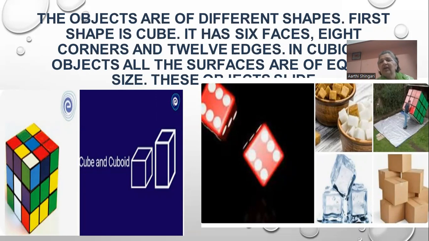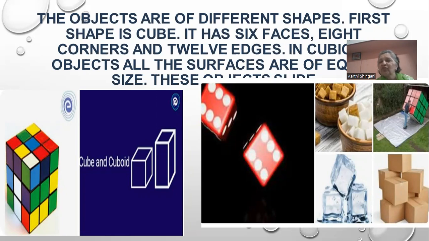Before going ahead, we have to know that the surfaces are of two types: plane surfaces and curved surfaces. If the surfaces are plane, then the objects or things, they slide. And if the surfaces are curved, then the objects or things, they can be rolled.